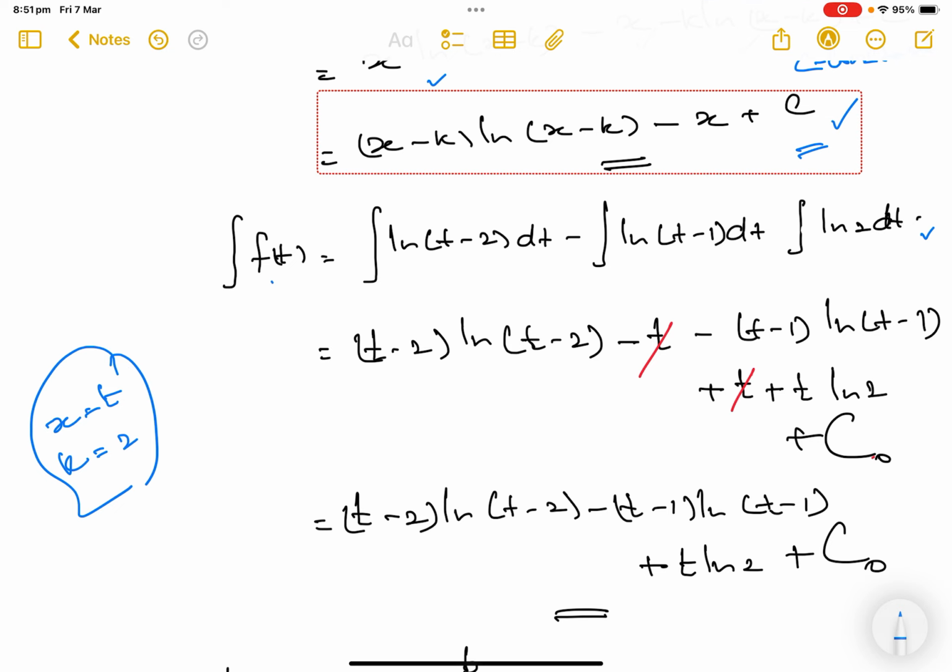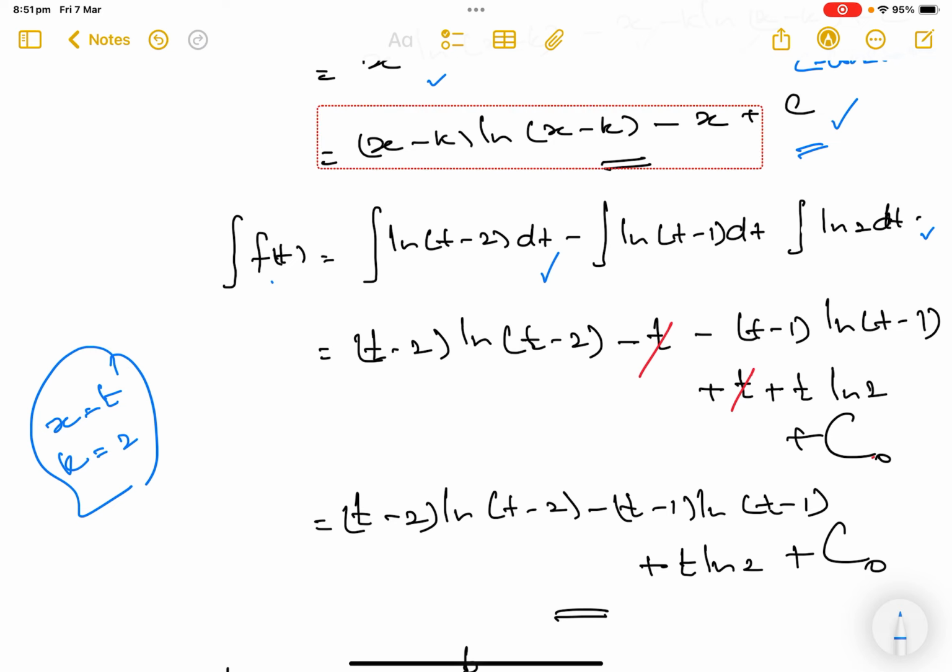x minus k, that is t minus 2, and ln(t minus 2), because x minus k gives ln(t minus 2), minus x is minus t. Right, that part is done. And the second one, x equals t, k equals 2.